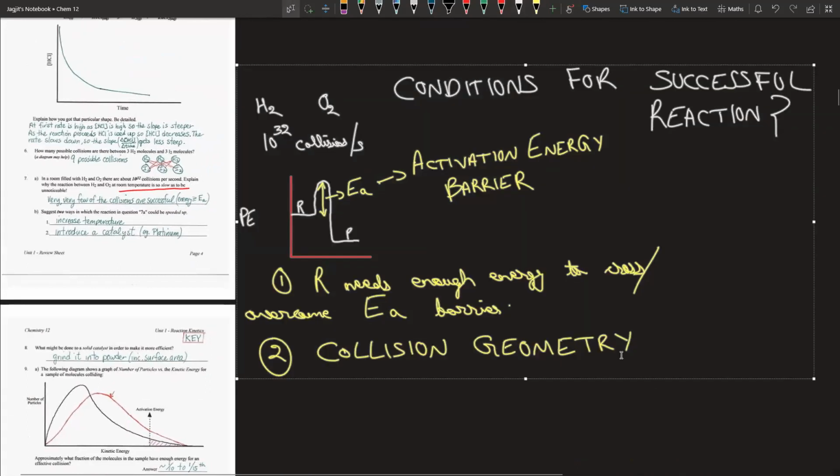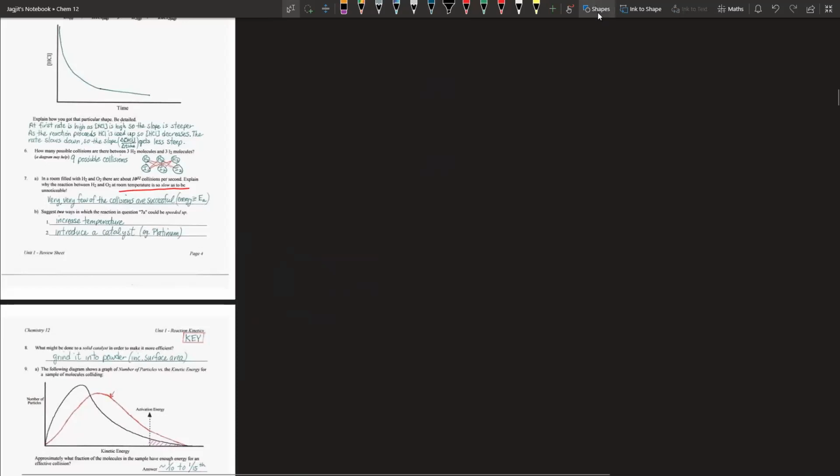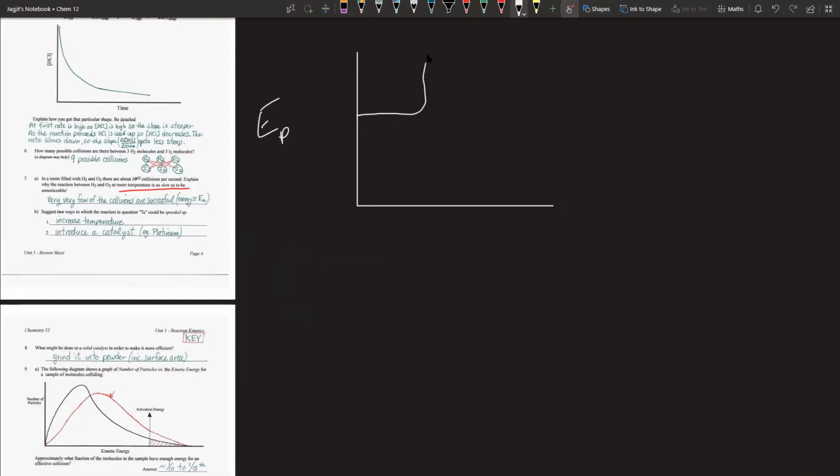Okay, now we're going to talk about two ways of speeding up reactions. How can we speed up the reaction? I'm going to draw this potential energy graph for you, the EP graph. These are our reactants right here, and these are our products.